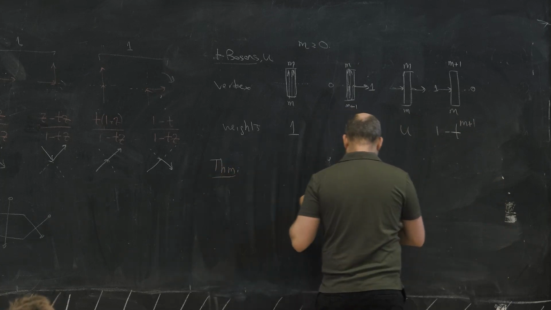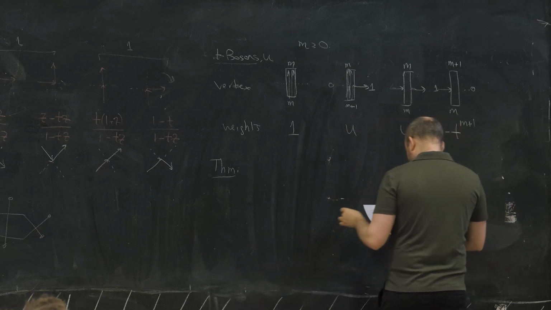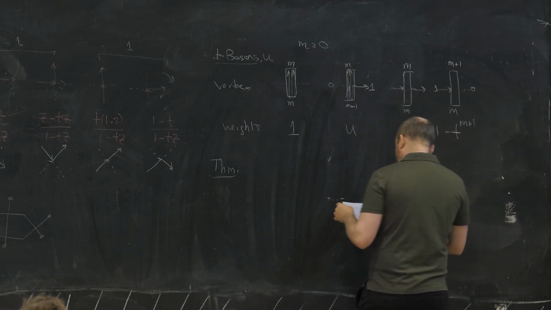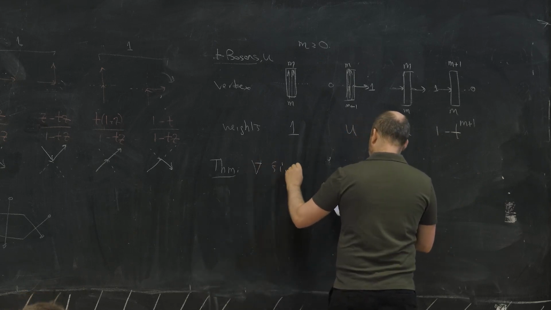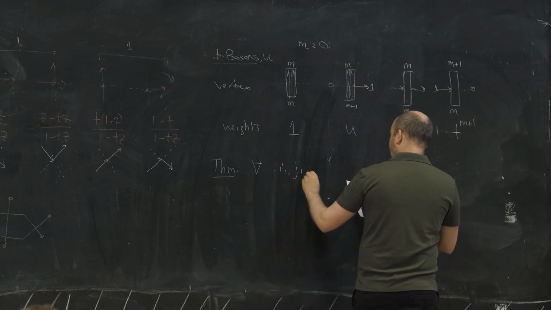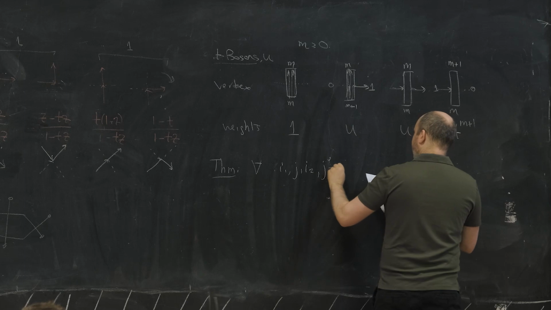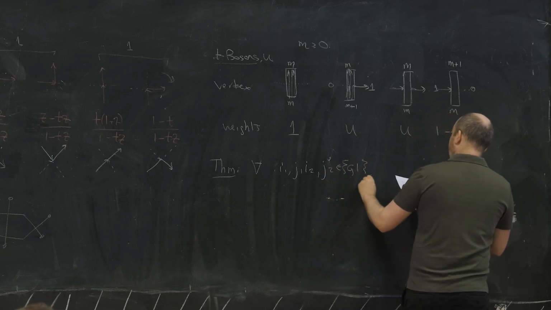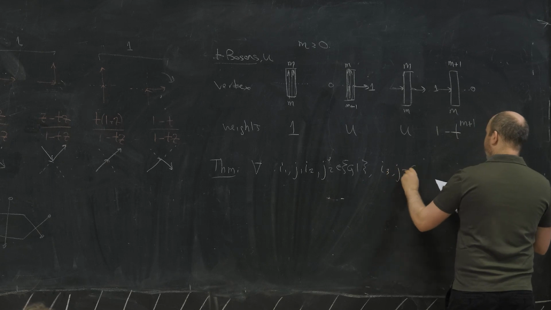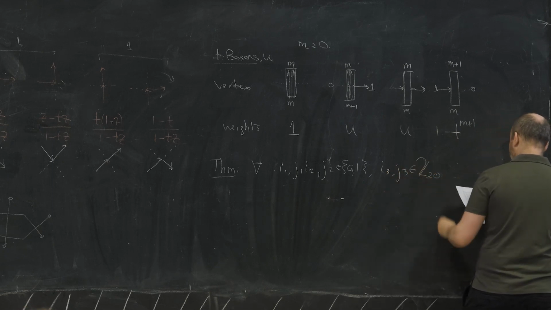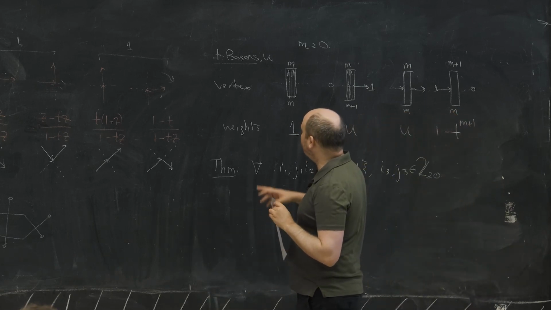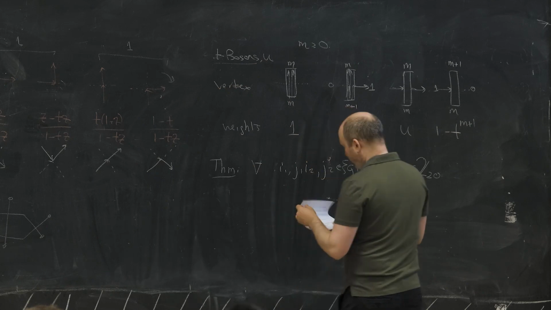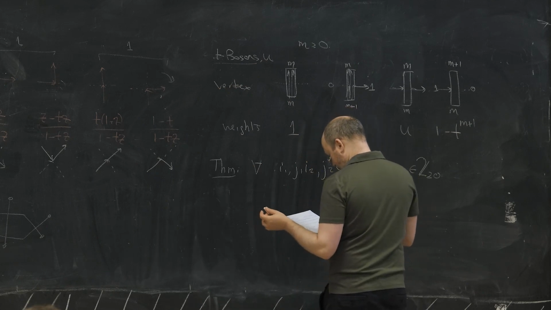So here's the theorem. I'll state it pictorially and then just tell you what it means. The statement would be something like, for all I1, J1, I2, and J2 in the set 0, 1, and all I3, J3 that are non-negative integers, we have the following equality, and it's really an equality as functions of t, u, and v.